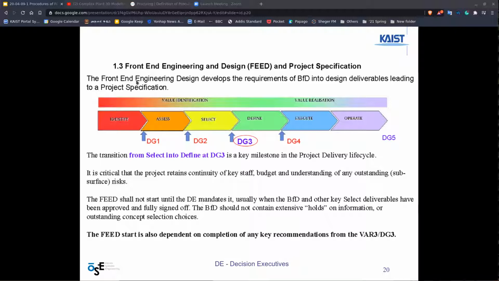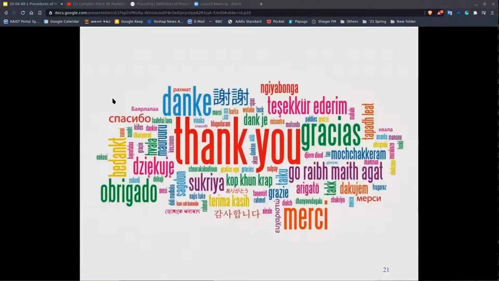So in the previous stage, the BFD stage, we developed requirements, and now we're developing those requirements into design deliverables, leading to the project specification. And then after that, there is contract signing between the players, which are the owner, that's the client, and the contractor like Samsung and Hyundai, and that's what happens.